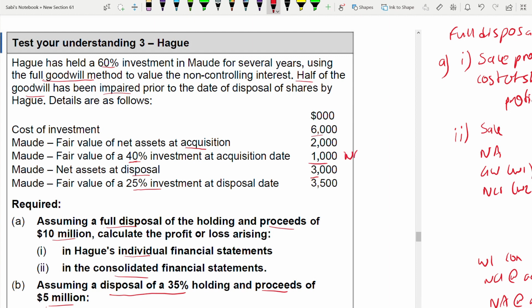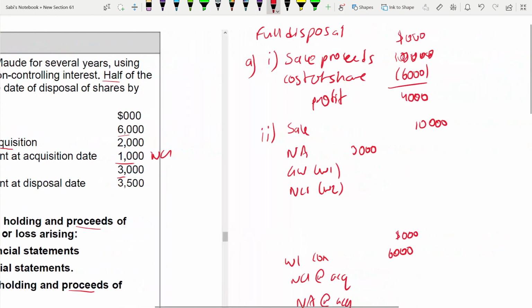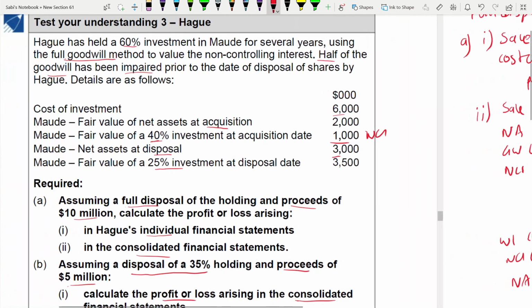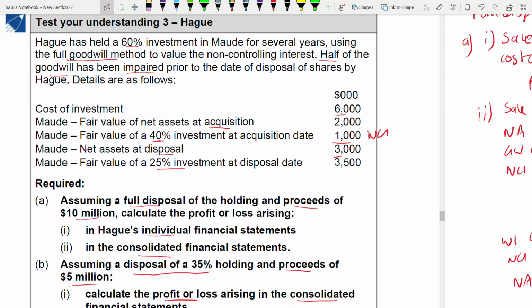In other words, NCI is given as this 40% investment, because if you have 60%, NCI is 40%. So it's 1 million. Then you deduct your net asset at acquisition, which is 2 million.